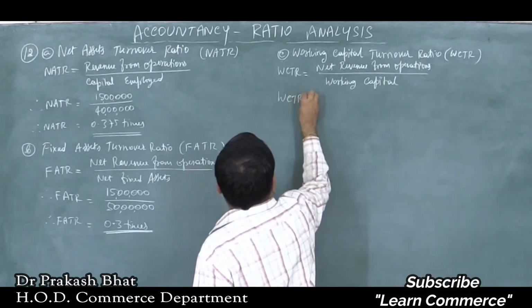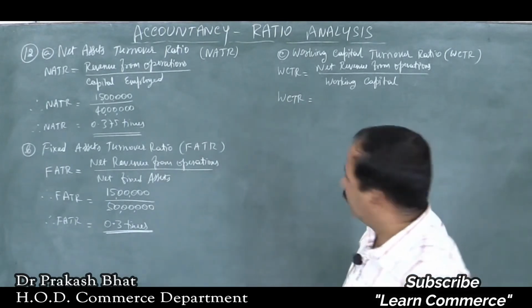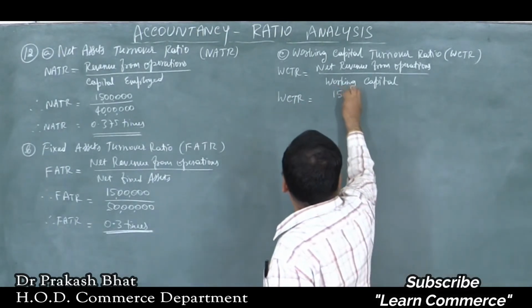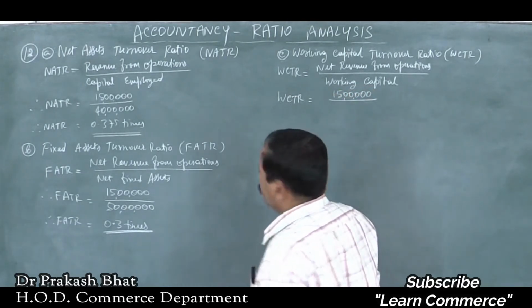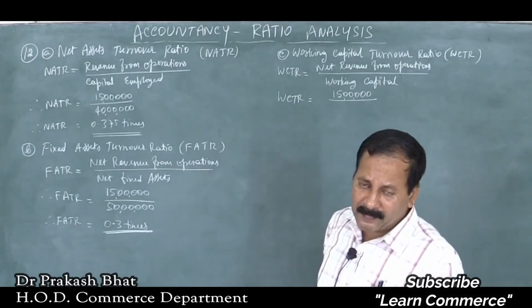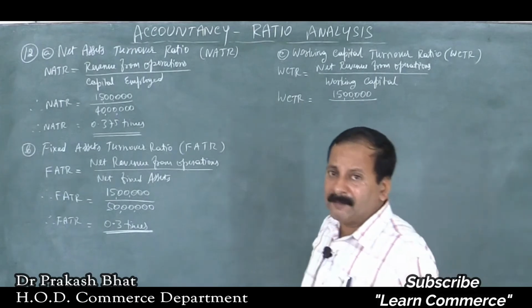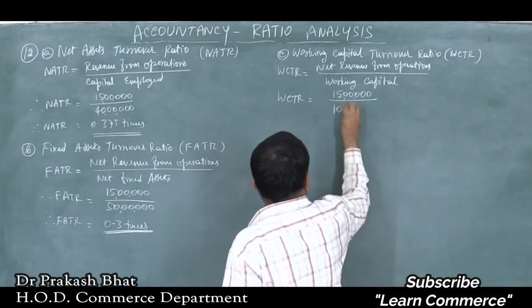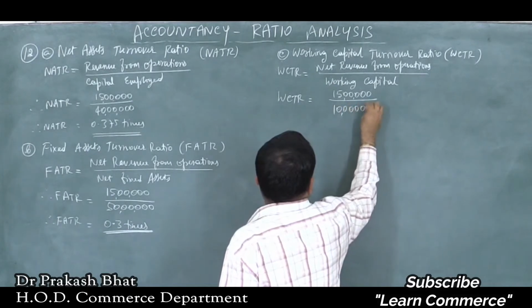WCTR is equal to net revenue from operations given in the problem, 15 lakh, isn't it? Divided by working capital. I already told you working capital means current assets minus current liabilities. But in this problem, it is clearly given in the problem itself. So our headache is reduced here. 10 lakh, I think.